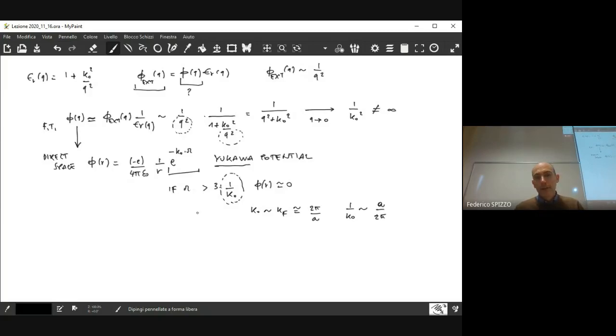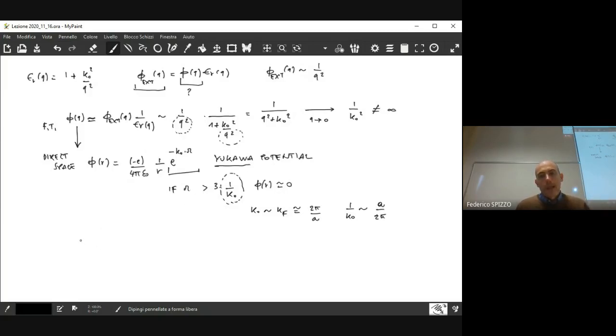So the effect of any charge is quite fast screened by the cloud of electrons that you have in the system. So at the end, the range of interaction of the inter-particle interaction in the system is not infinite as in the pure Coulombian term, but it's quite short due to the presence of this Yukawa potential.